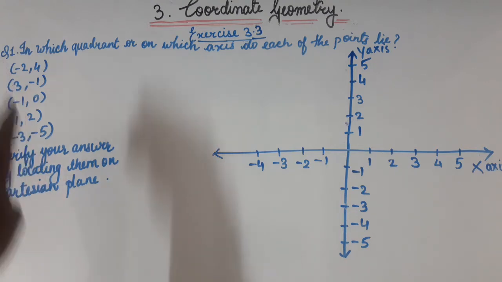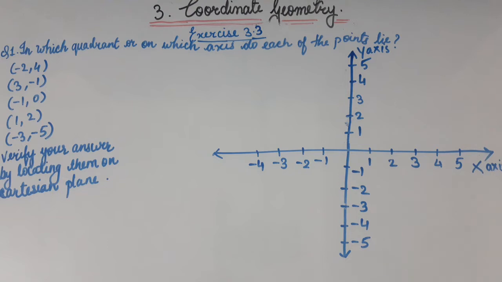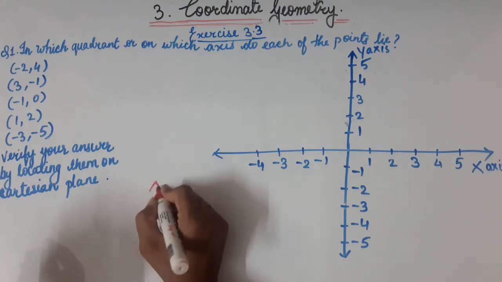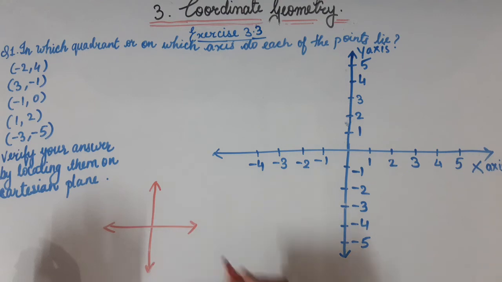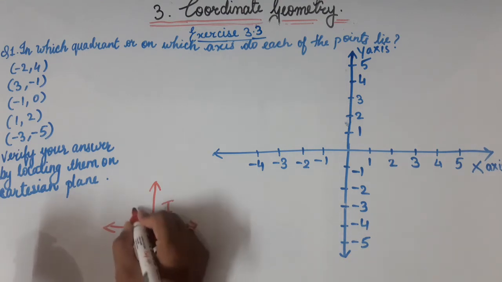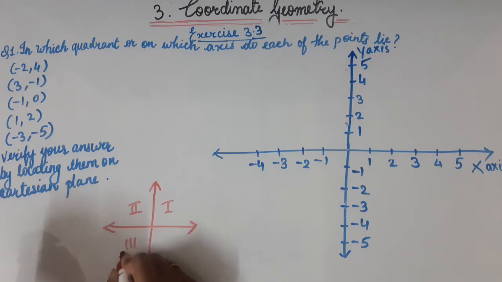So let us first check by that method which we have seen, without locating, how to determine the quadrant in which the point is present. The first point is minus 2 comma 4. As we have discussed, this is your plane, x and y axis, first quadrant, second one, third and fourth.